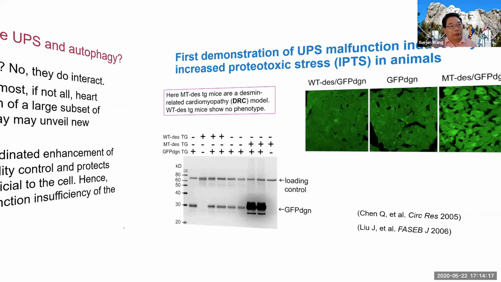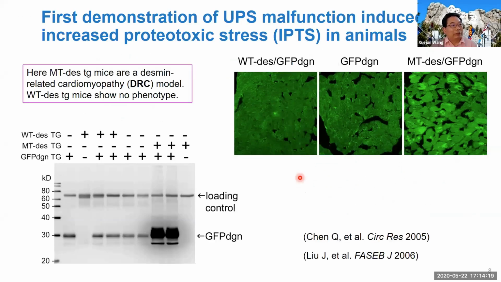As a couple of examples to show you UPS malfunction, an in vivo demonstration of UPS functional insufficiency is illustrated in these slides. This was done in desmin-related cardiomyopathy, taking advantage of our GFP-dgn reporter mouse.